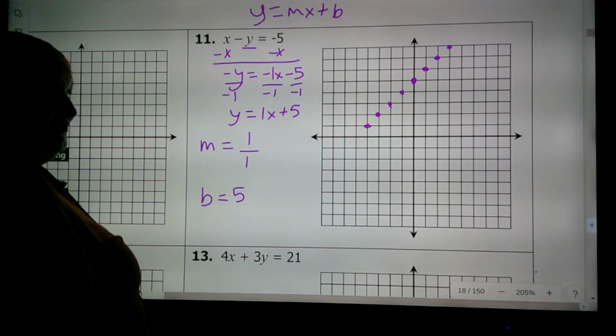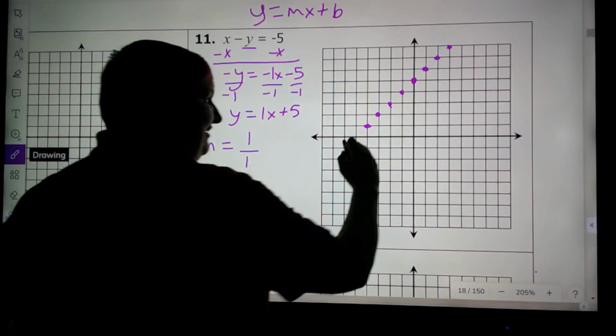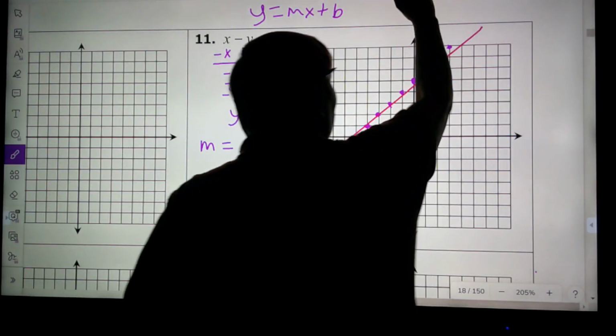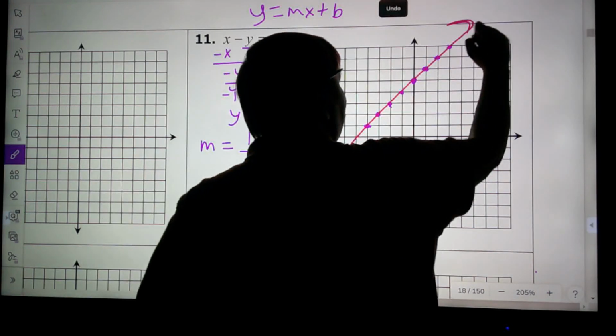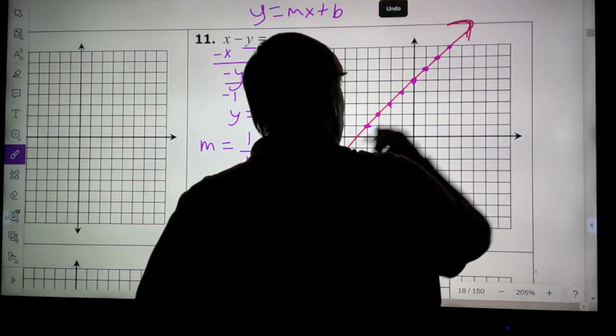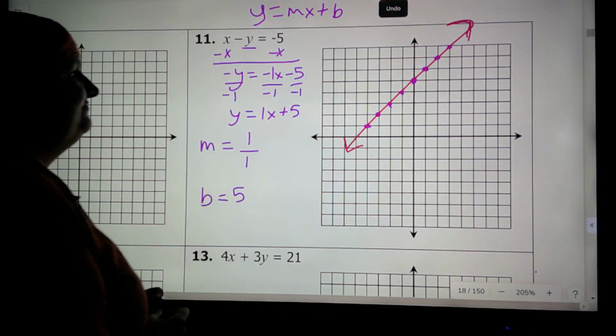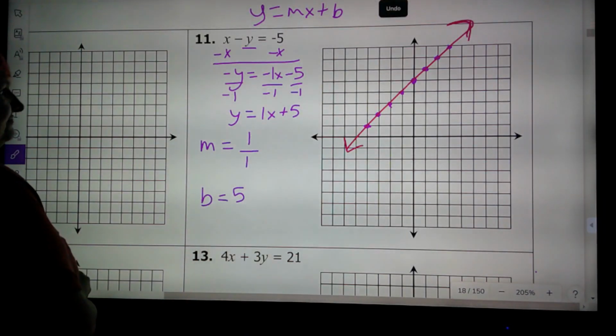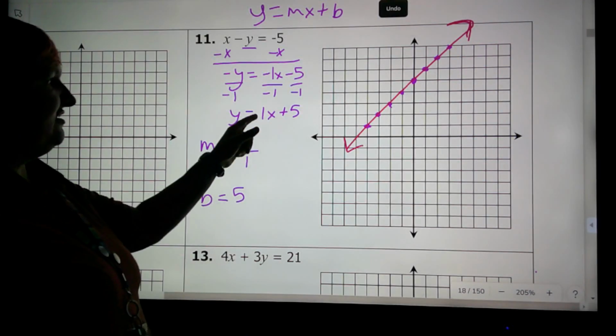I know I put too many points. I like to see them lined up. That's pretty good. Positive slope, positive.